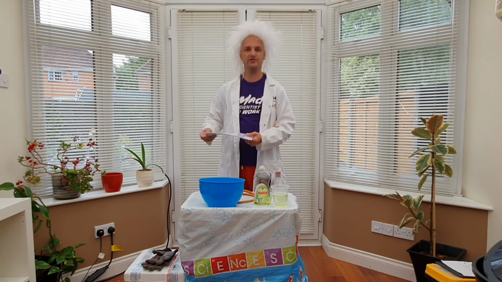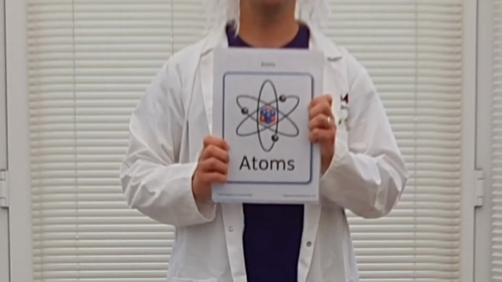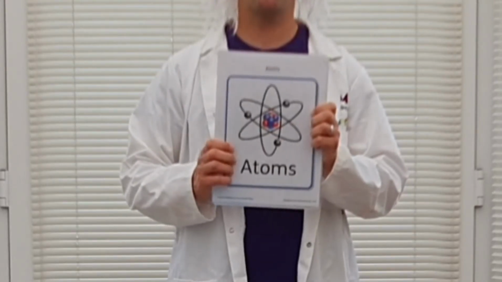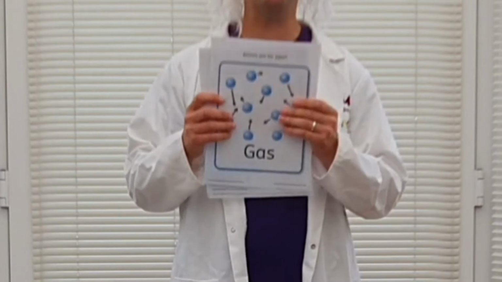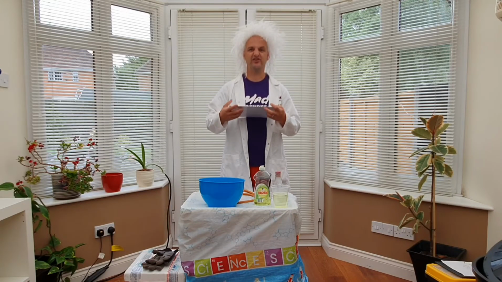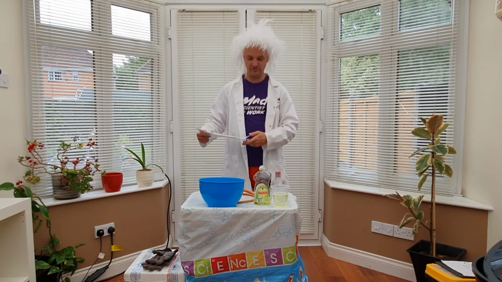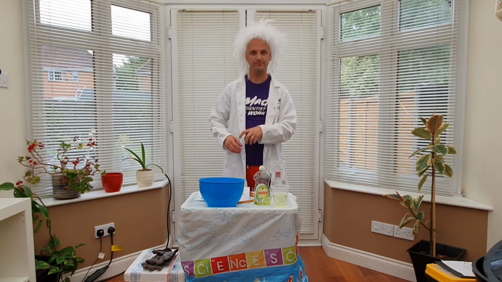Now, we're going to talk about our old friends, the atoms, because they're really important with dry ice. And we're going to be talking about solid things, liquid things, and gas things. Because dry ice is a gas, the carbon dioxide, that's been frozen and turned into a solid.